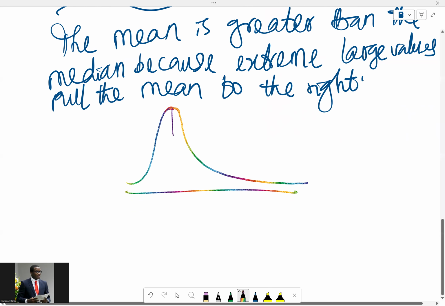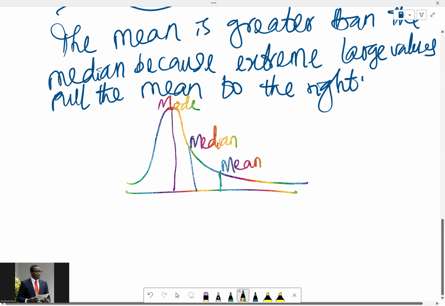So here you can have the mode. Then you have the median somewhere around here. And then you have the mean somewhere here.